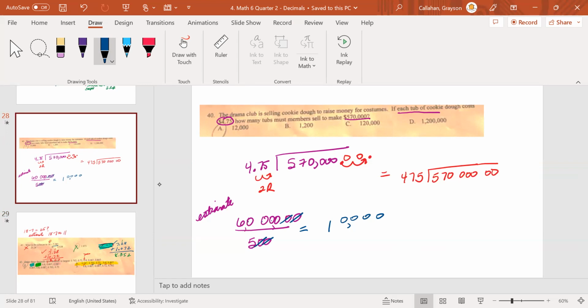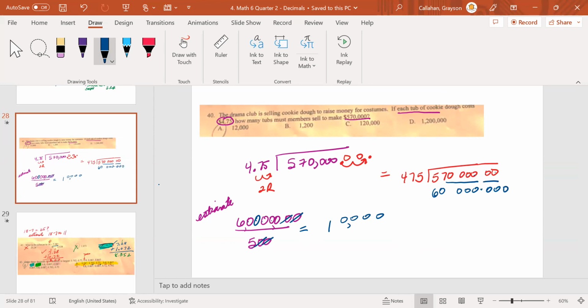No, it is 120,000. Did I miss a zero? Oh, that's because I forgot a 0. You see how there's 6 zeros after I do that? So this becomes a 60, right? 1, 2, 3, 4, 5, 6. Because I forgot a 0.